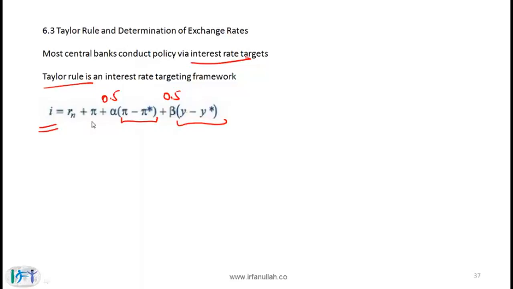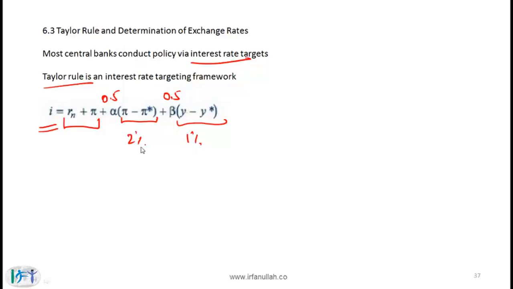Now let's say that the economy gets overheated, there is relatively high inflation, and the output is greater than potential GDP. So let's say inflation is 2% higher than the target inflation level, and let's say that even this number is positive, so the output is more than potential. So notice that in this case, given the 0.5, the positive coefficients, the interest rate that will be set will be higher than simply Rn plus inflation.